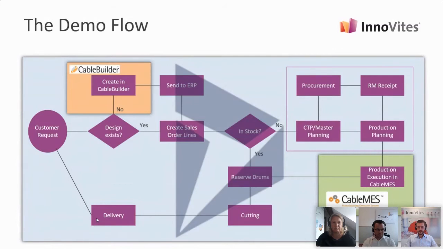Then these orders will be executed in the MES system, and then I will execute the layup of the cable in the MES. That's the objective of today. And of course, there is a time constraint. This has to happen within 30 minutes, so there will be some pace in the flow. And again, if you want to know more, we will be happy to schedule another in-depth webinar with you specifically.